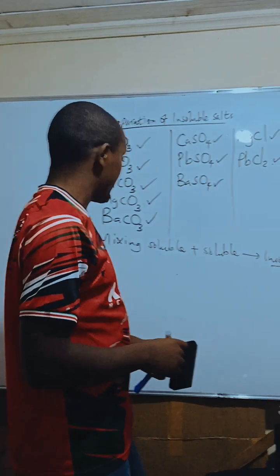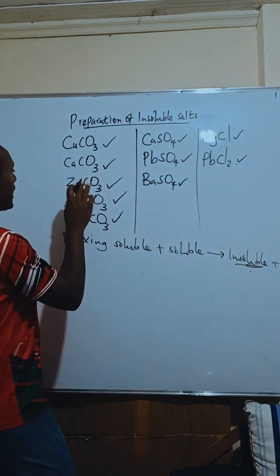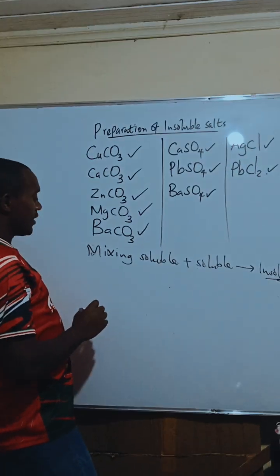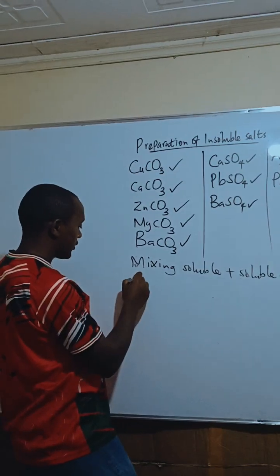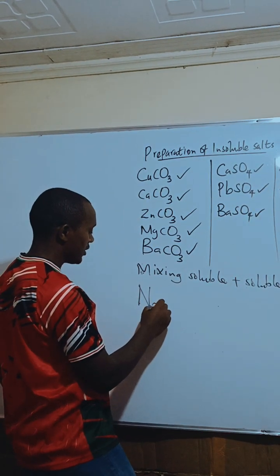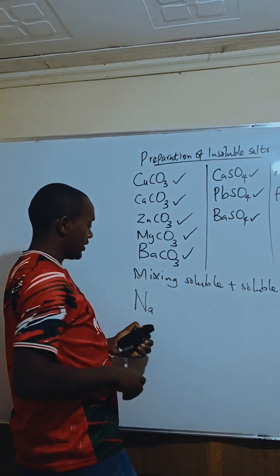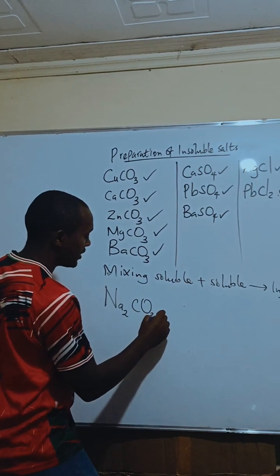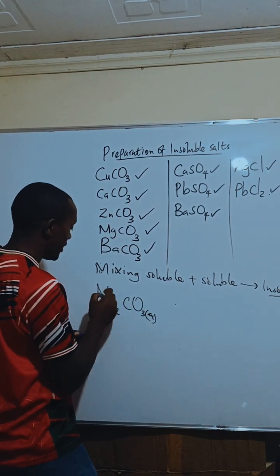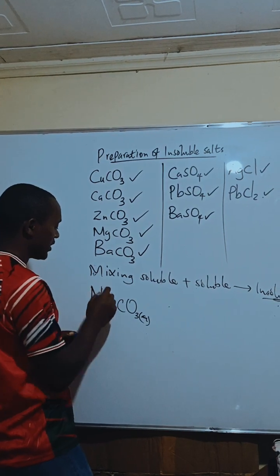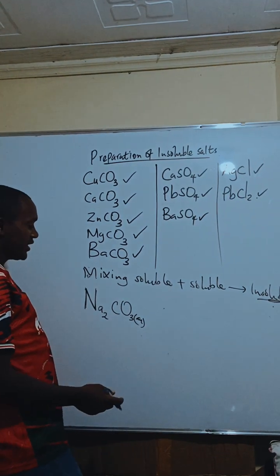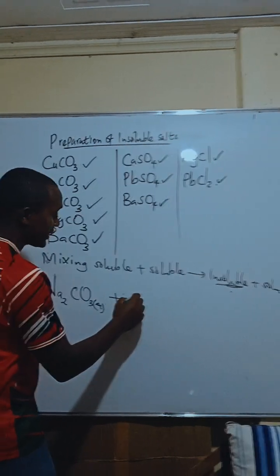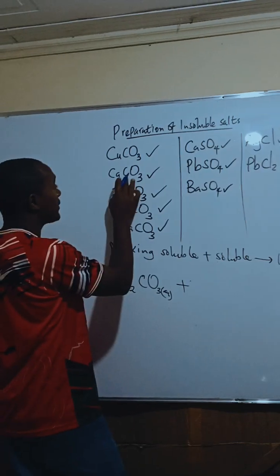For example, you want to prepare calcium carbonate, and you have sodium carbonate. You are going to mix it because it's the only soluble one. We have carbonates that are soluble: sodium carbonate, potassium carbonate, and ammonium carbonate. Therefore, you're going to mix sodium carbonate, aqueous, plus a soluble salt of calcium.